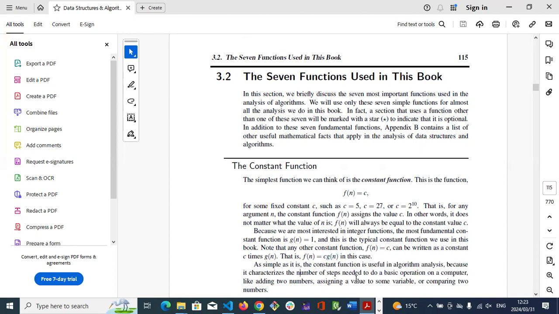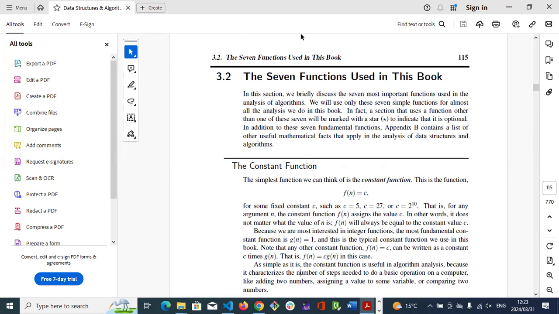As simple as it is, the constant function is useful in algorithm analysis because it characterizes the number of steps needed to do a basic operation on a computer, like adding two numbers, assigning a value to some variable, or comparing two numbers.